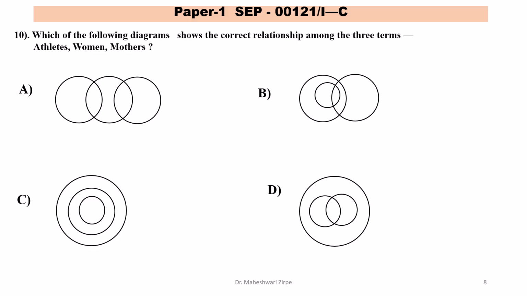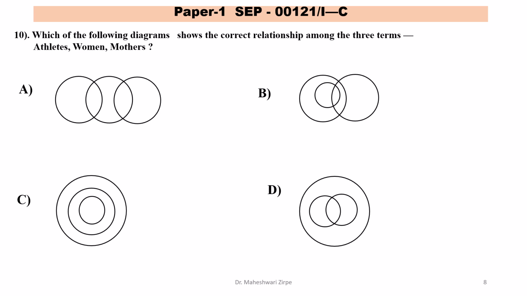Now the last question of this part 1: which of the following diagrams shows the correct relation among the 3 terms, that is athlete, woman and mother? So you have to tell the relation using a Venn diagram. See here, there are 3 things: athlete, woman and mother.